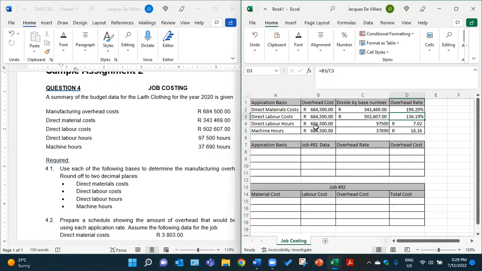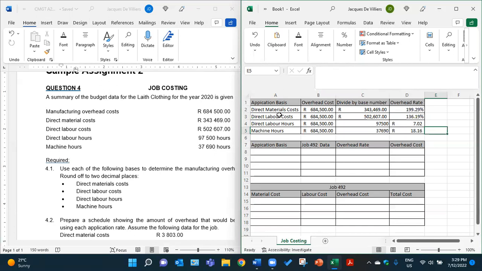Now here we have direct labor hours. The overhead cost is expressed in rand, but the direct labor hours and the machine hours are expressed in hours. Okay, so we cannot use a percentage here, but if we have rand and divide it by a number, our answer will also be in rand.